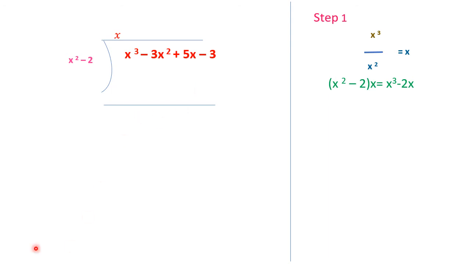And usually students commit one mistake which I am going to show you. Now we got this result x cubed minus 2x. Then this is the mistake which students commit.